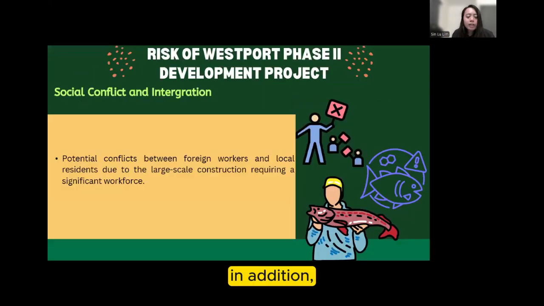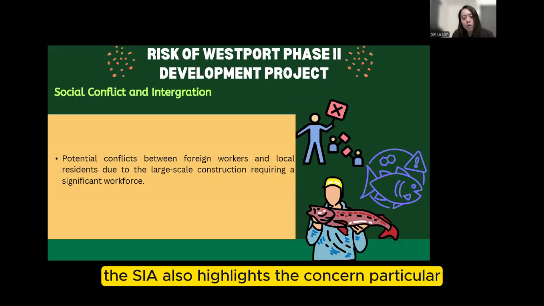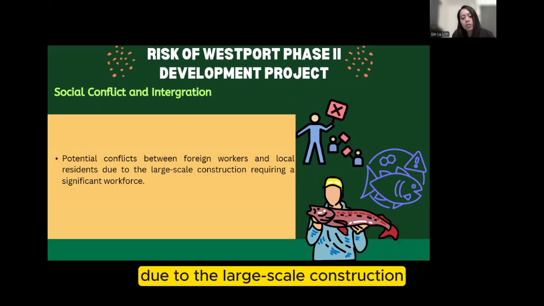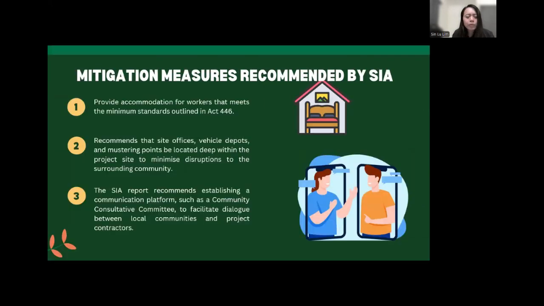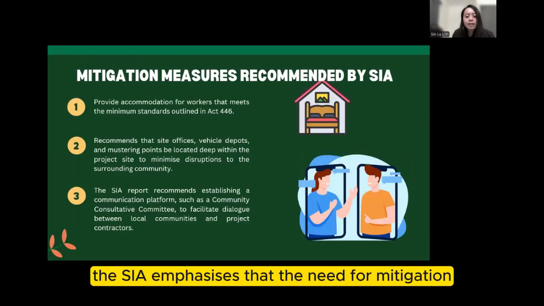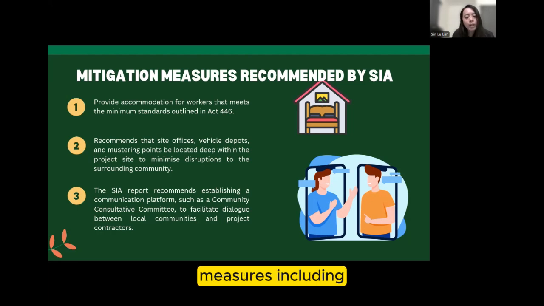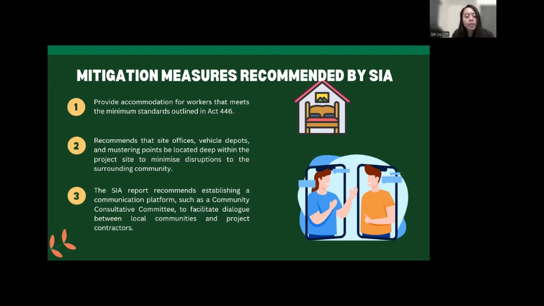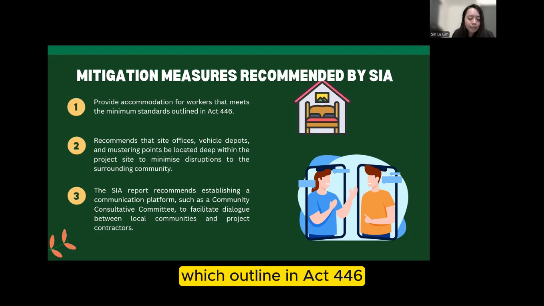In addition, the SIA also highlights the concern, particularly the potential conflict between foreign workers and local residents due to the large-scale construction requiring a significant workforce. To address this, the SIA emphasizes the need for mitigation measures, including providing accommodation for workers that meets the minimum standard outlined in Act 446.